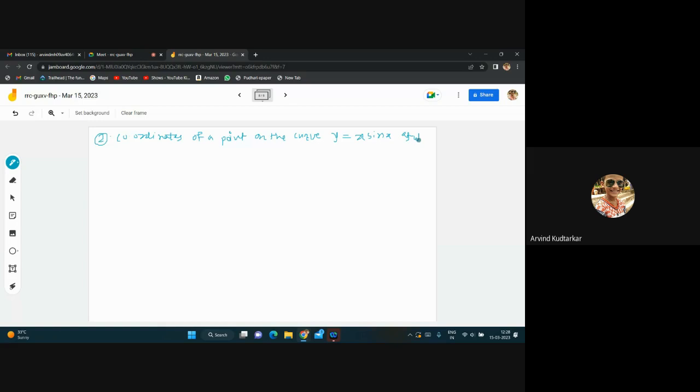So we need to find the coordinates of the point on the curve. y is equal to x sin x.